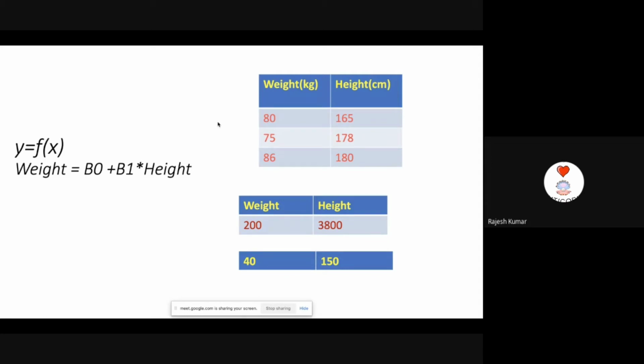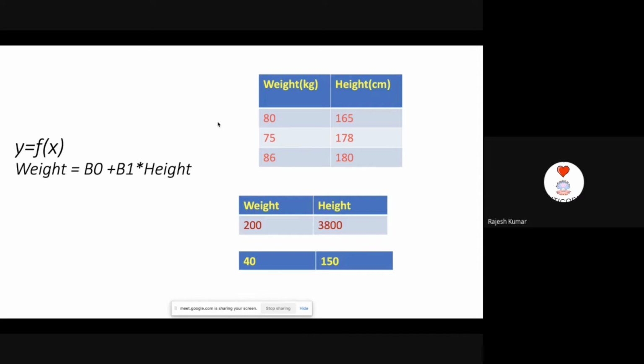Now if there are more features, for example body mass index, age, everything comes into the picture, then those all become x1, x2, x3. So feature extraction is nothing but deciding what features are relevant. Then we fit it with the algorithm, that is, find the coefficients, and then validate. This is the basic pipeline.